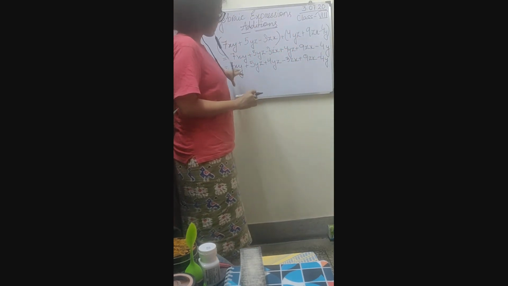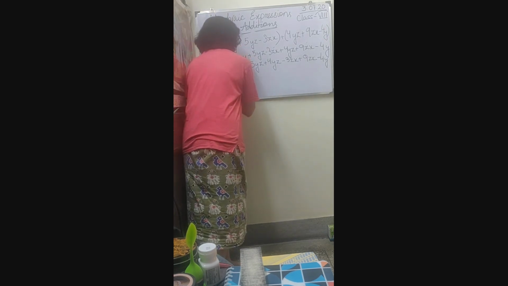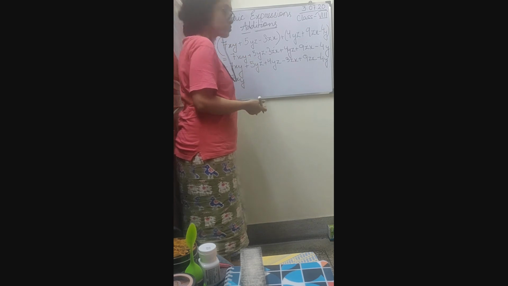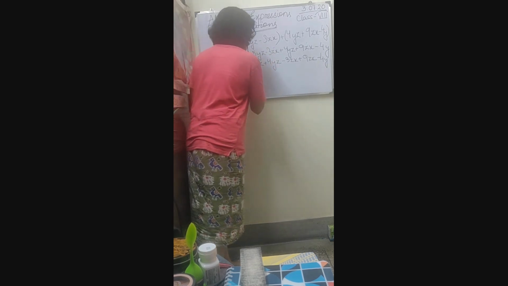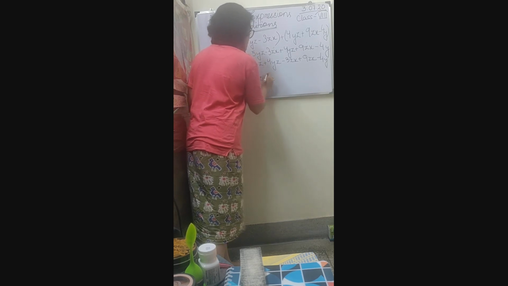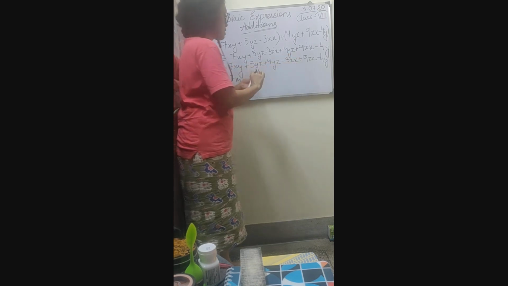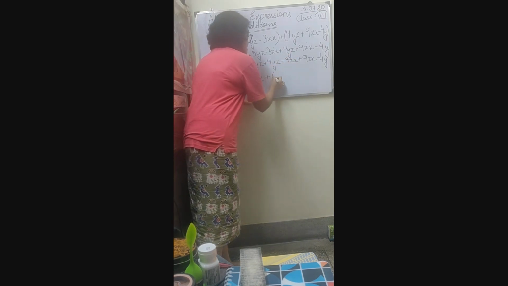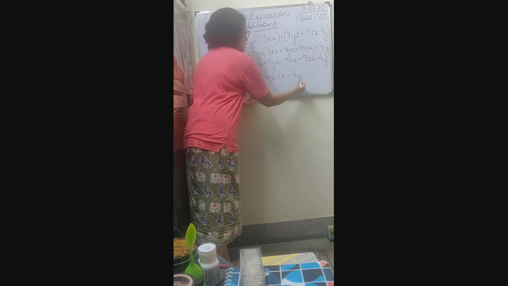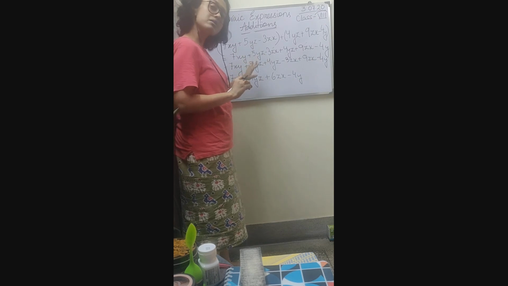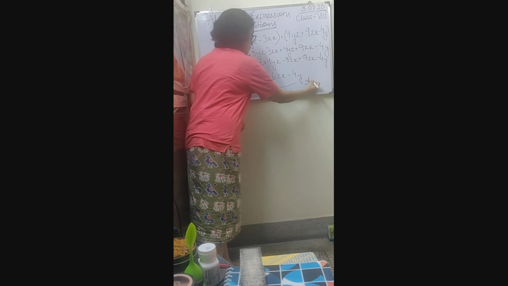There is nothing to be operated on this, so we write it as it is, 7xy. This 5yz plus 4yz becomes plus 9yz. Minus 3zx plus 9zx becomes plus 6zx, minus 4y. So by the horizontal method, this is our answer.